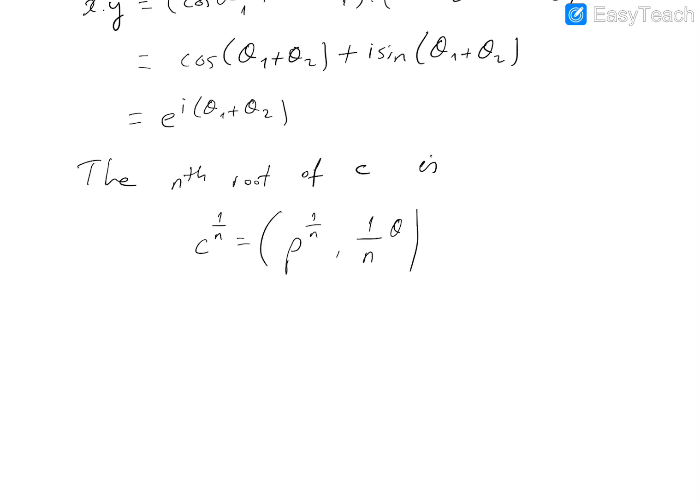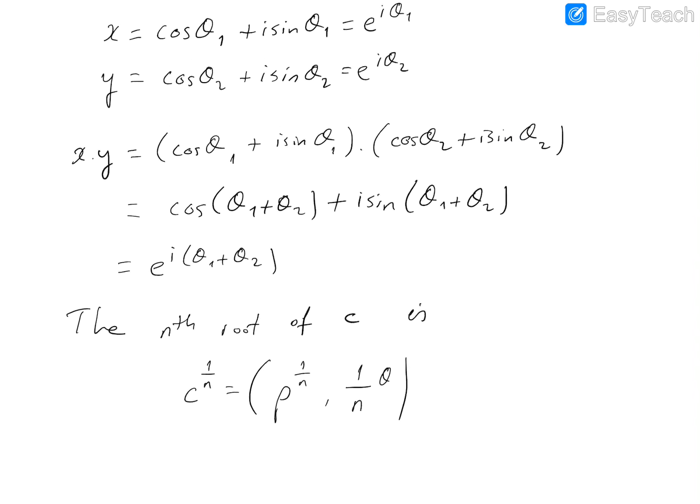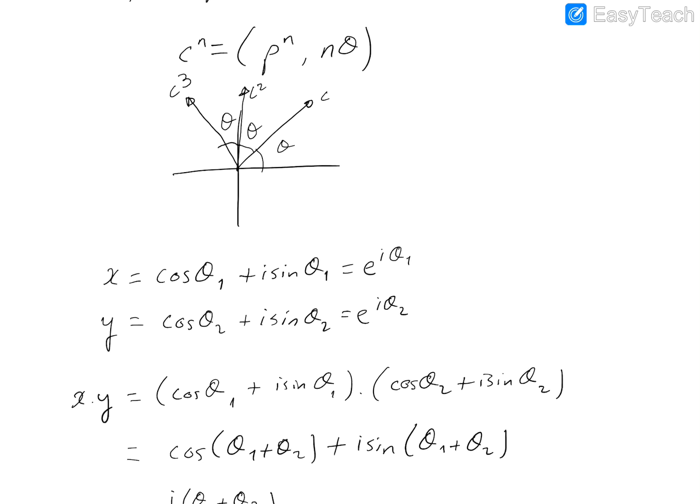But notice that if we look above, the phase of a complex number is actually defined up to multiples of 2 pi, right?